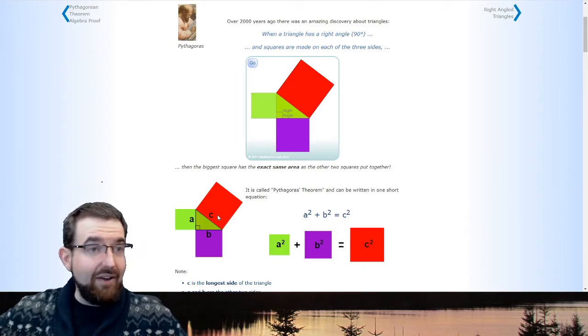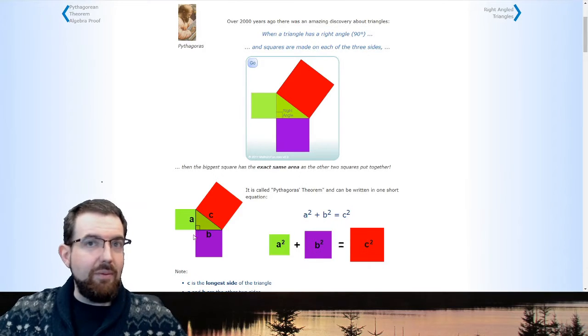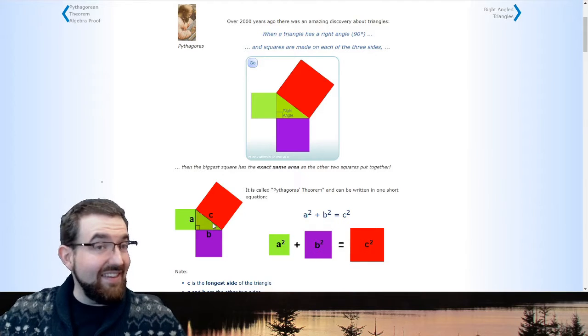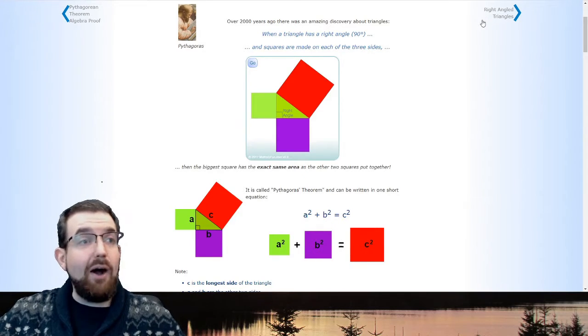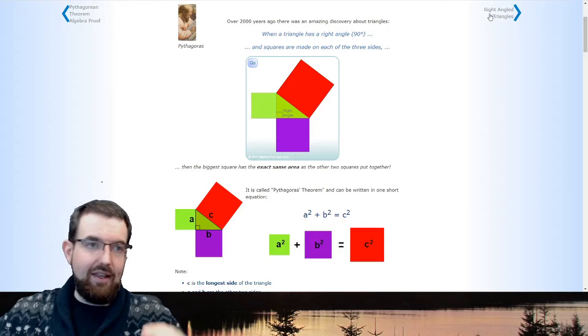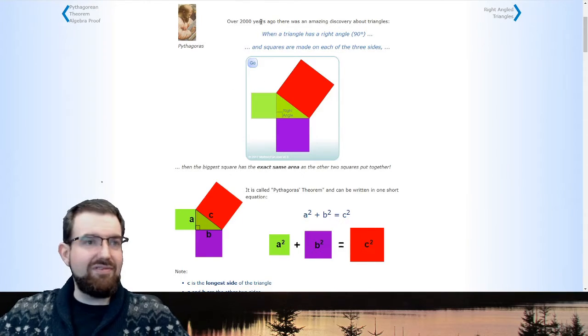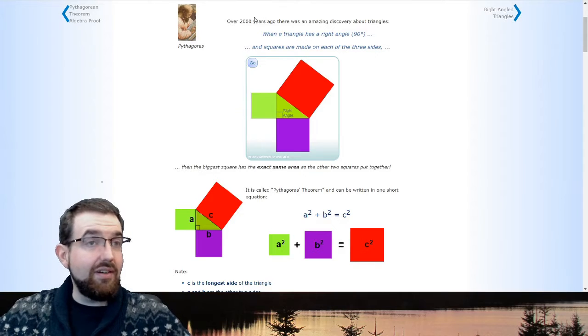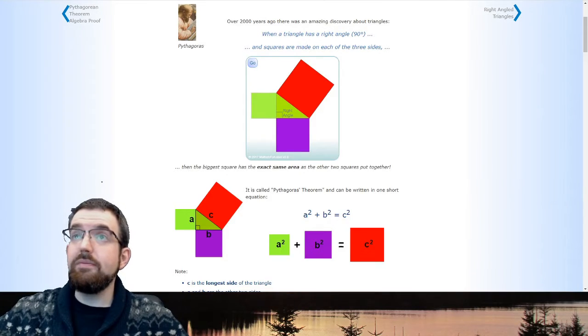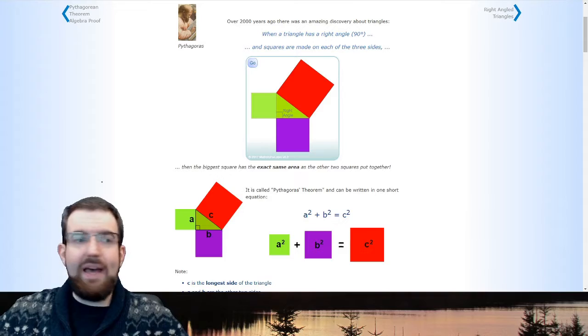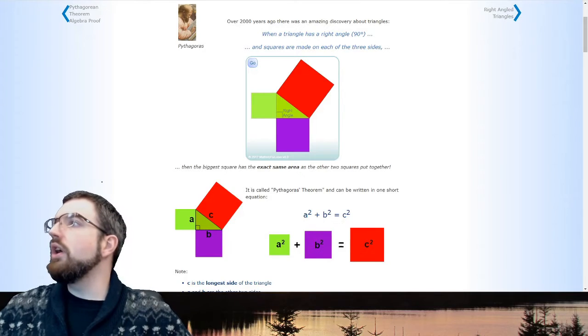The ways that we model sound waves come from the fact that these triangles relate in this way. It's really incredible just how much math is built on this observation from a Greek mathematician 2,400 years ago or whatever, right? It's pretty amazing.